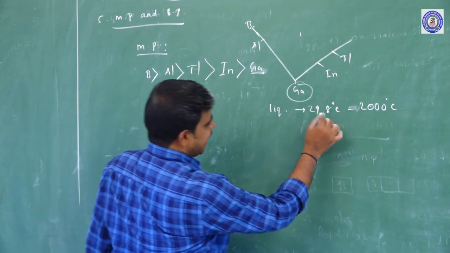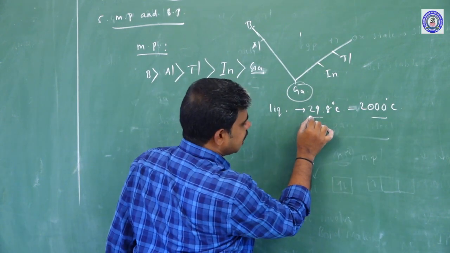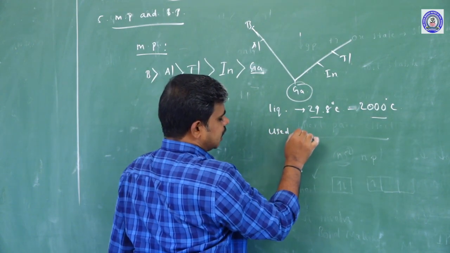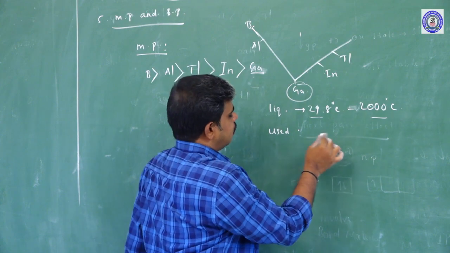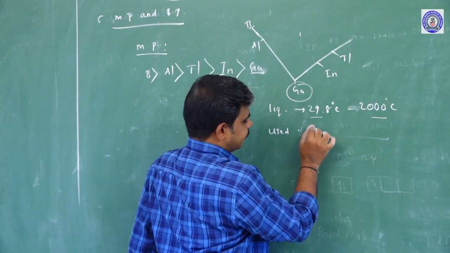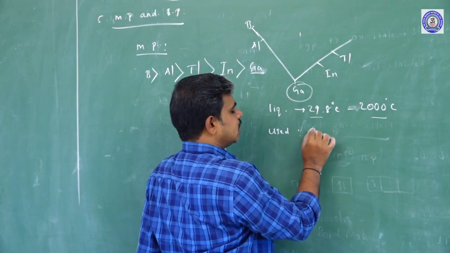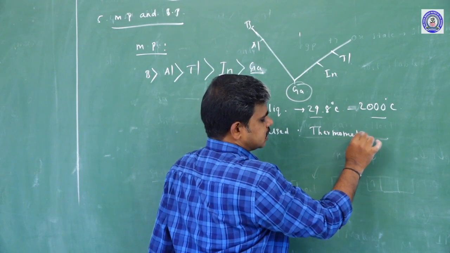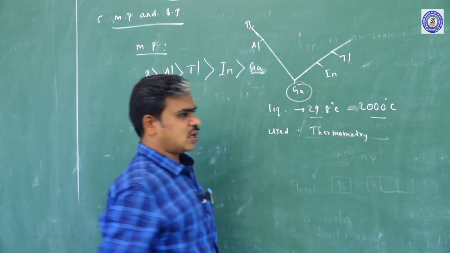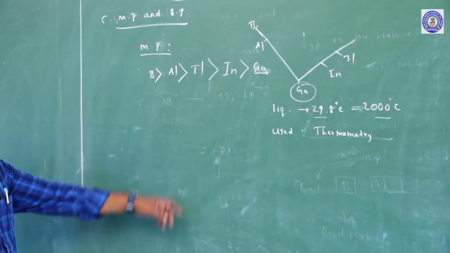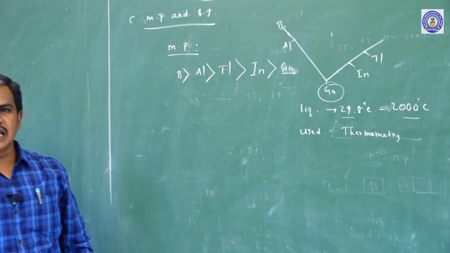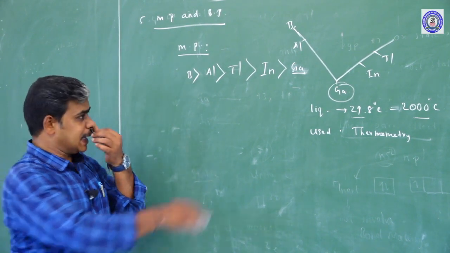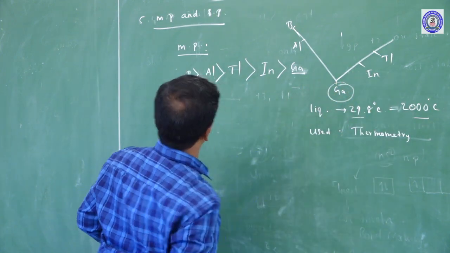So it has a high liquid range, 29.8 to 2000, so that it is used in high temperature thermometry. So it is used in thermometric processes because of the high range of liquid state. So which ones exist as a liquid metal? Mercury, and gallium also exists as a liquid metal.